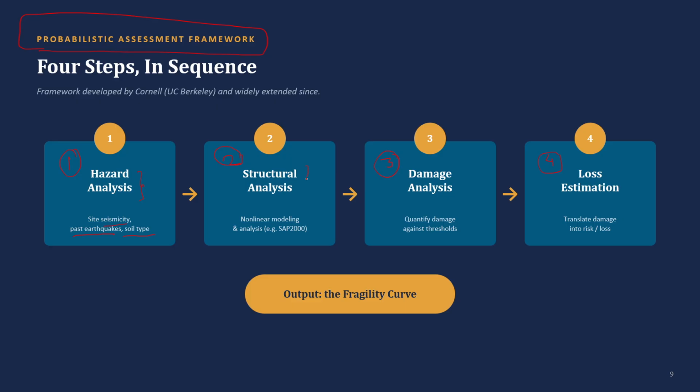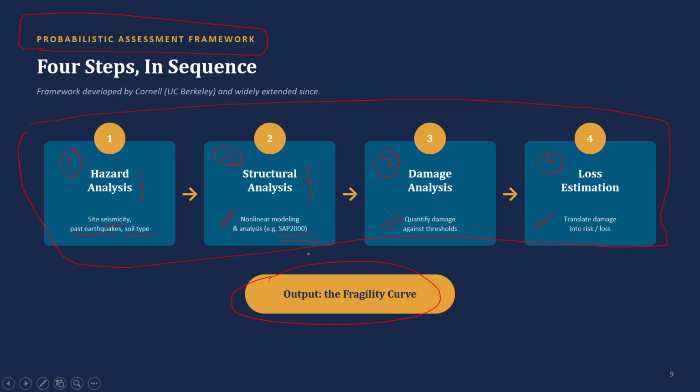In structural analysis, we perform nonlinear modeling and analysis of the structure using software, for example SAP 2000. Then in damage analysis, we quantify the damage against some threshold values. We'll discuss this in detail in our next lecture. And then the last part is loss estimation, where we translate the damage into some risk or loss, and the output of these four steps is the fragility curve.